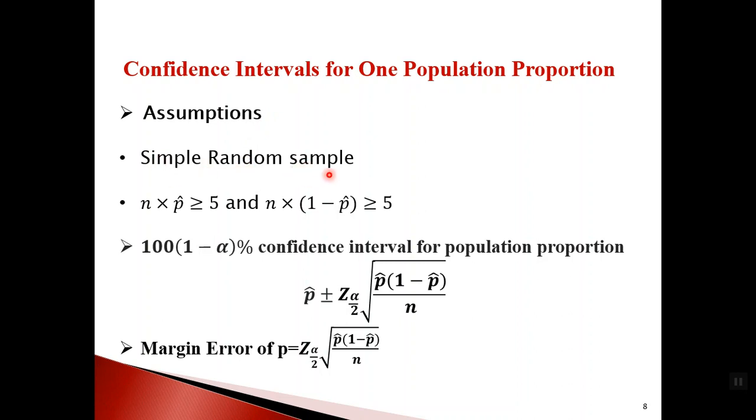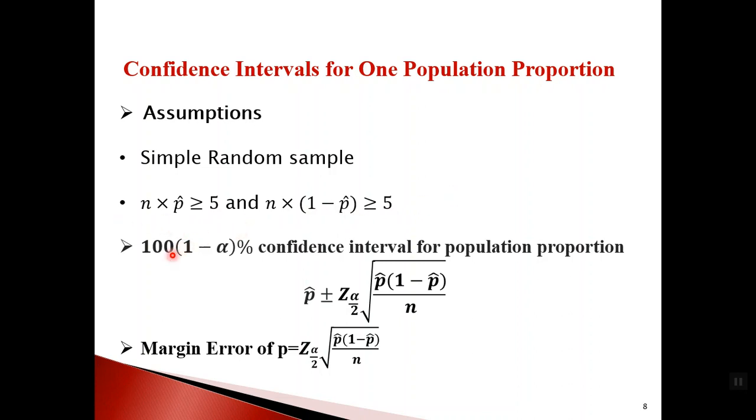Then, in that simple random sample, our sample size n times this p hat greater than or equal to 5, and n times 1 minus p hat greater than or equal to 5. Both should be satisfied.